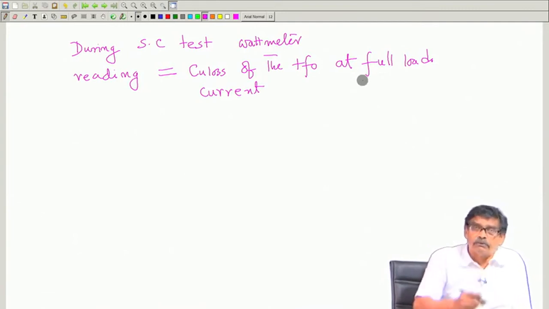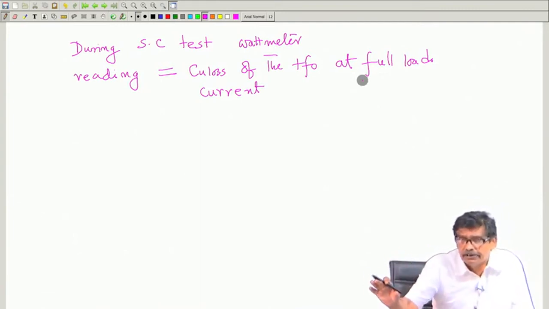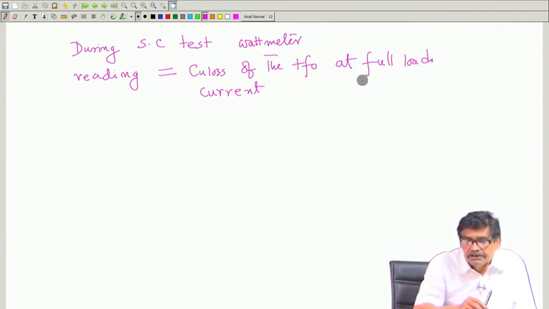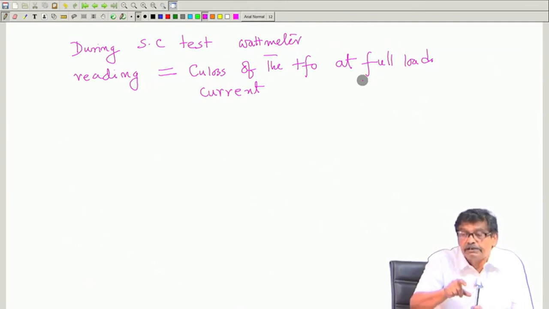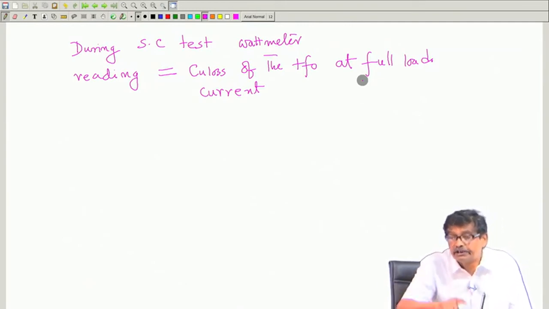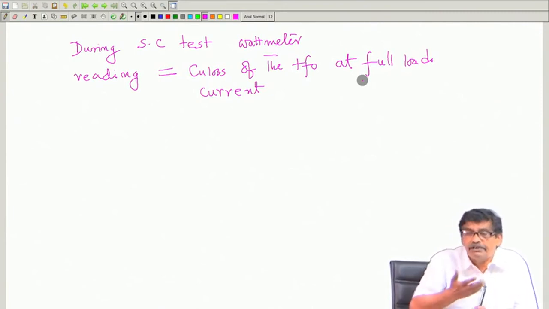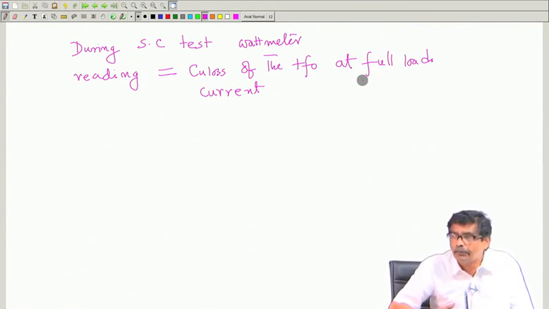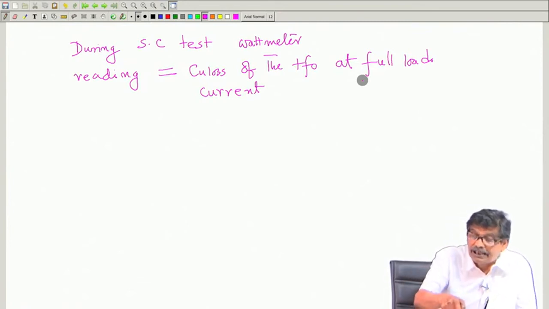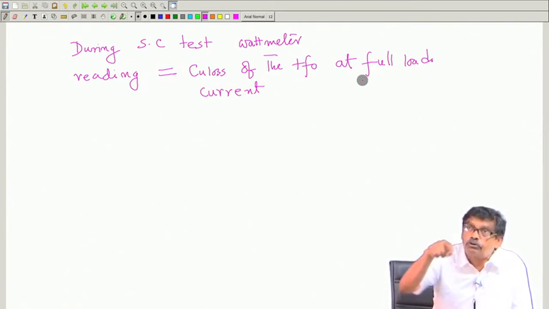Recall during short circuit test, short circuit the one, increase the input voltage from HV side such that you apply only that much voltage which will cause rated current to flow in both the windings, and whatever is the wattmeter reading, I say that is the copper loss. So, that copper loss was calculated at rated full load current.